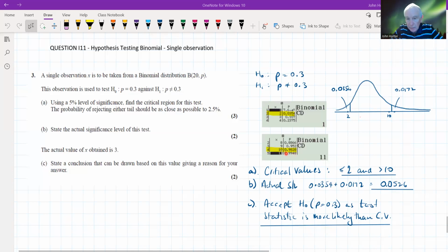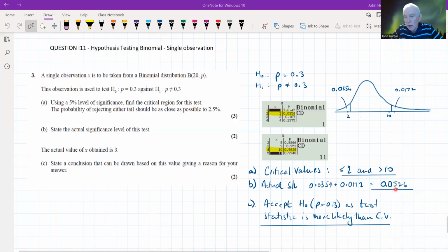And then at the top end, the probability that the random variable is less than or equal to 10 is 0.9828. So that means that the probability that it's greater than 10, 11 up to 20, is 1 minus that value, which is 0.0172.